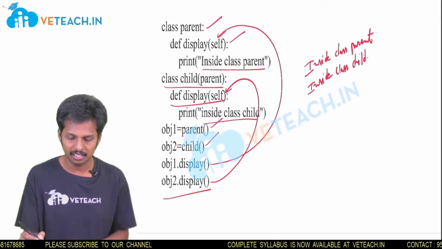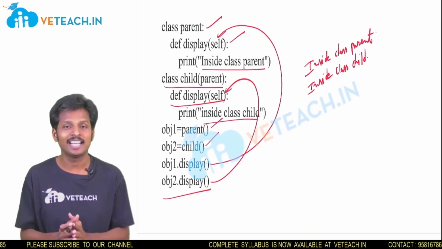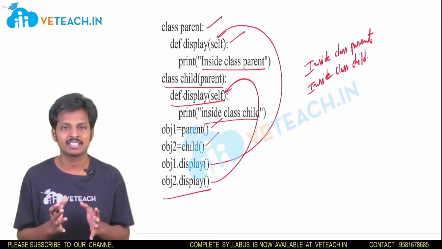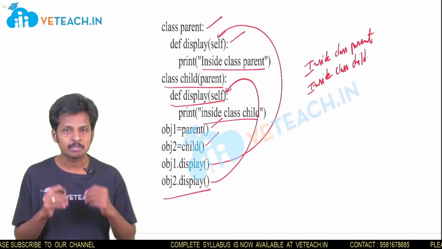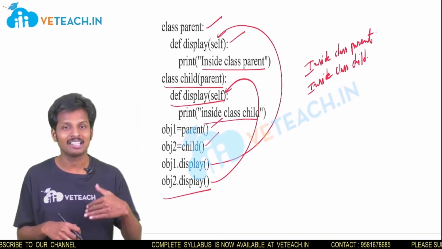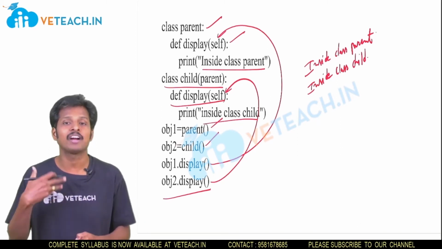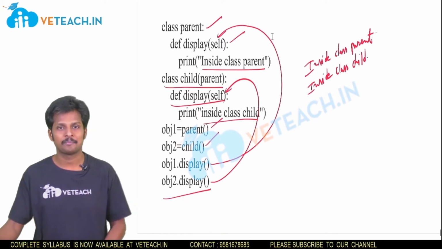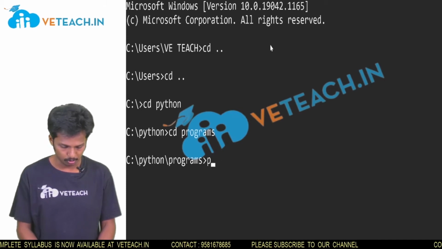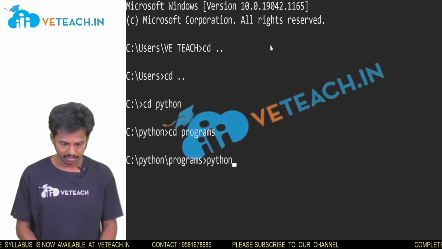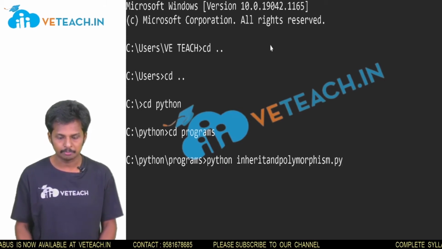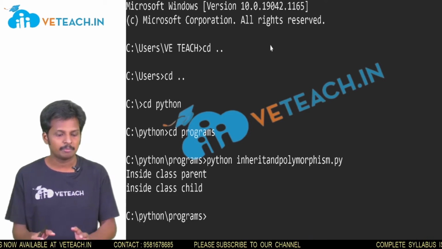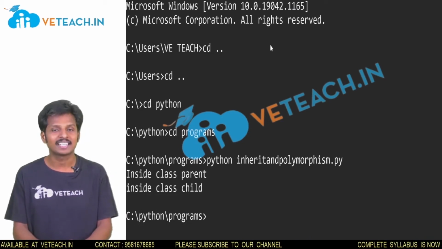So here it has used the concept of inheritance and polymorphism to design a class where the display method, which is inherited from the parent class into the child class, was redefined to perform polymorphism. Let's see the output of this program. I've saved my program with the name polymorphism, Python inherit and polymorphism. It has displayed the messages inside class parent and inside class child.